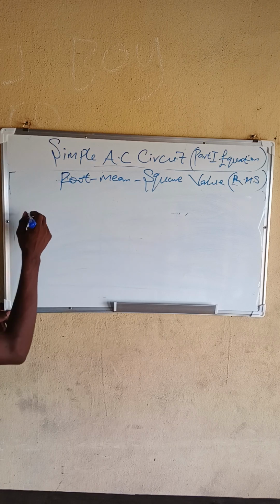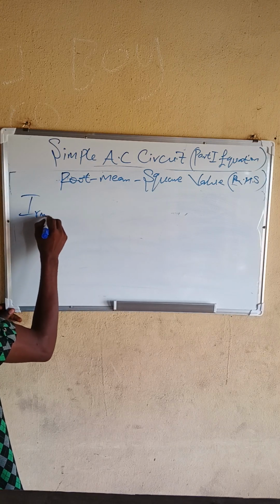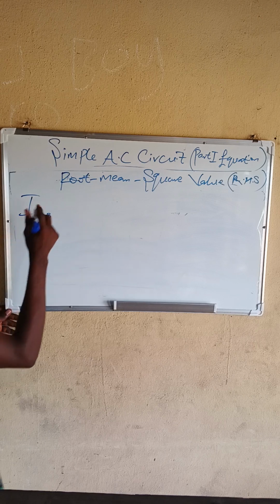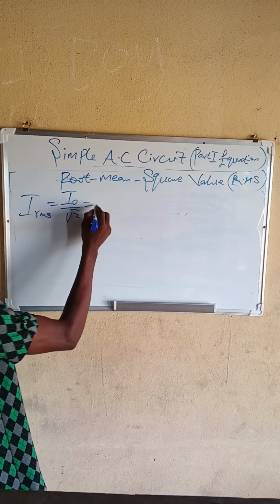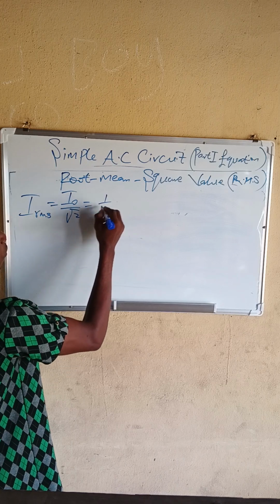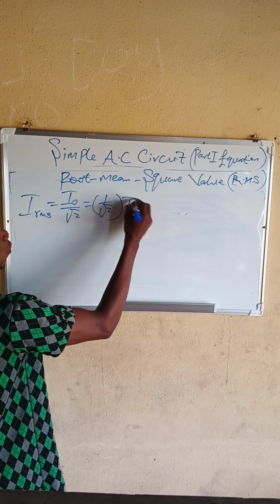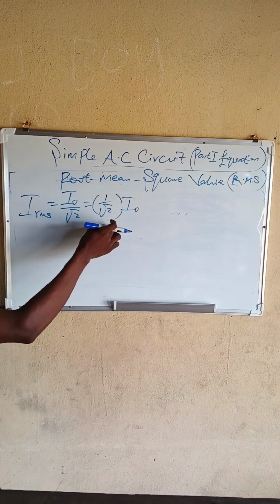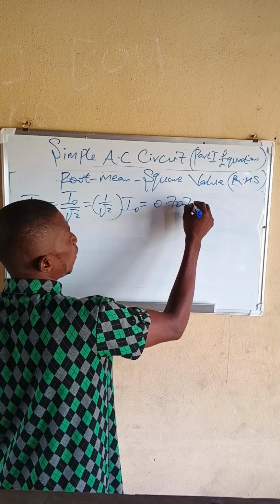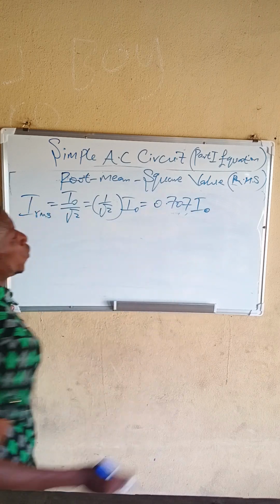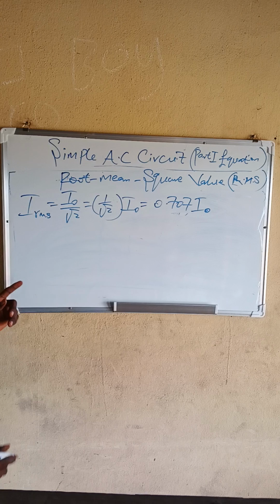So current root mean square is written like this. Current root mean square is giving us peak current over root 2. This can also be expressed as 1 over root 2 times peak current. And the 1 over root 2 is giving us 0.707 times this. So this is the formula for current root mean square.